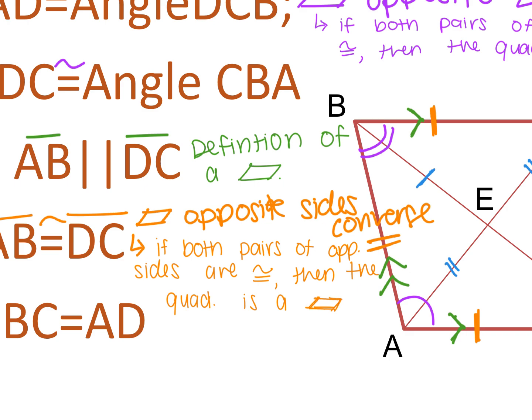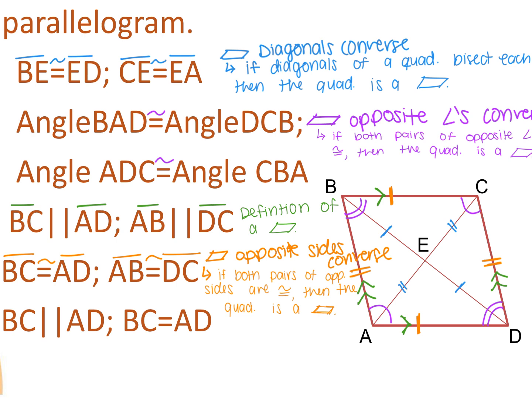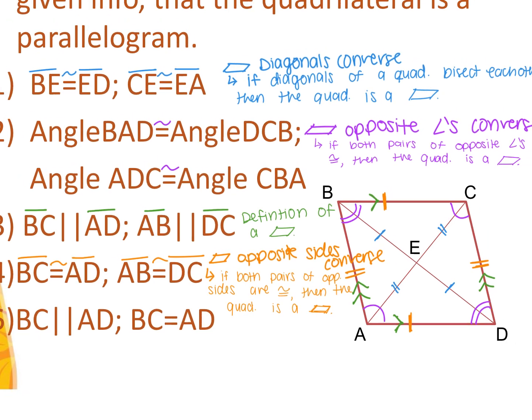Okay, so there's a difference between your sides being congruent and your sides being parallel. Please do not get those two mixed up. Make sure you know the difference between those two.